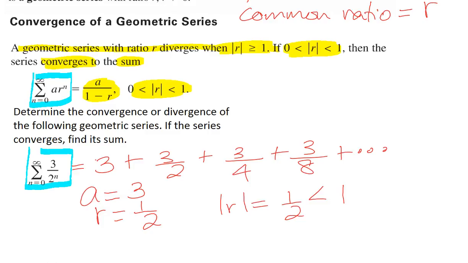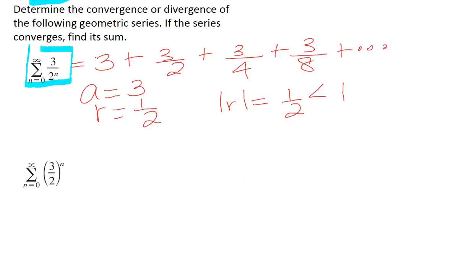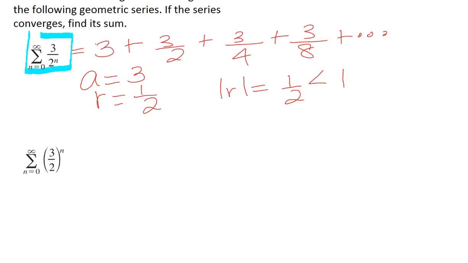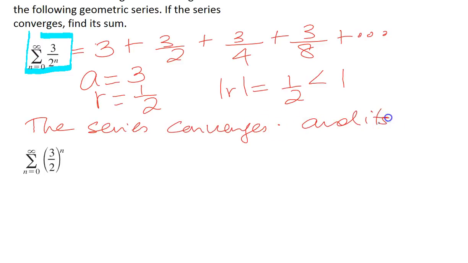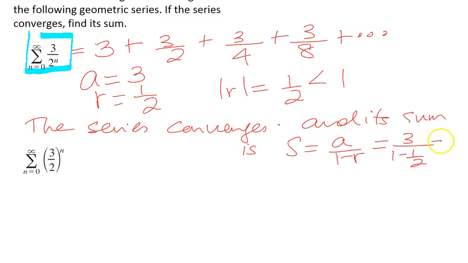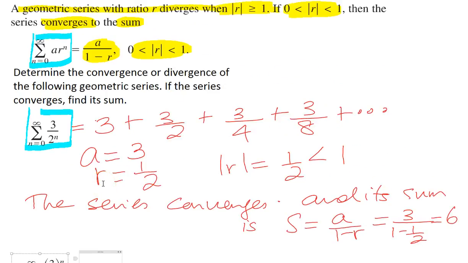If the absolute value of r is less than 1, the series converges. And its sum is s equals a over 1 minus r, 3 over 1 minus a half, 3 over a half is 6. The series converges and its sum is 6.